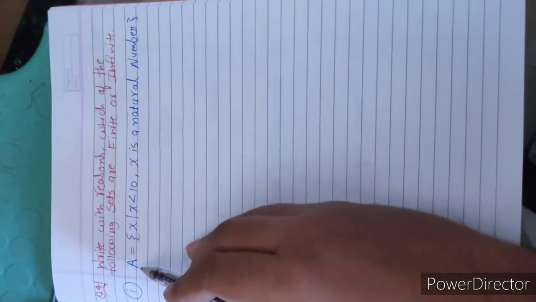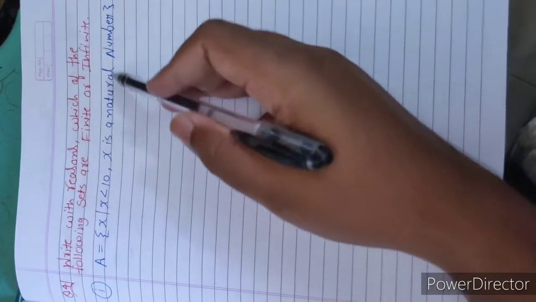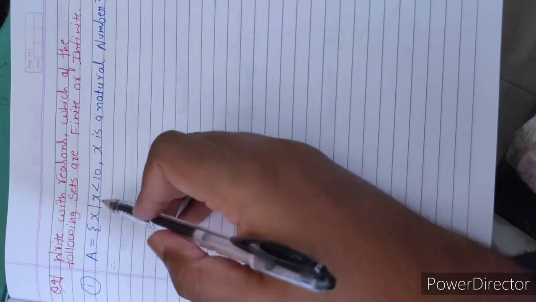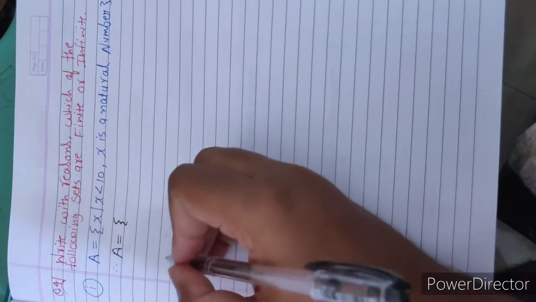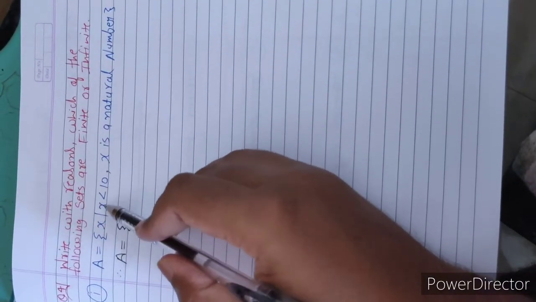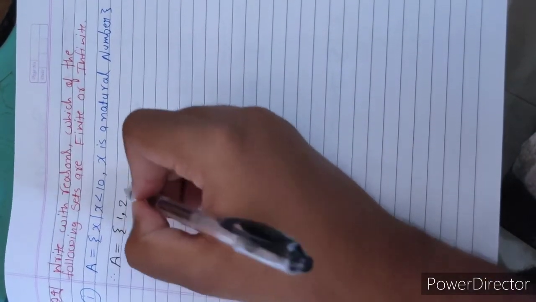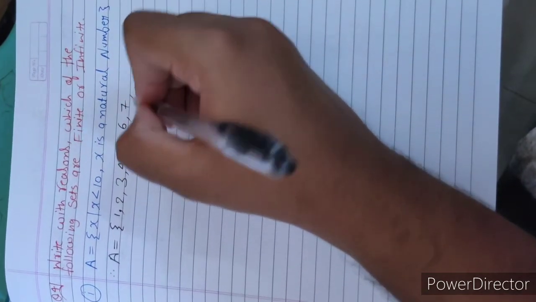The first question is given here. A is a set of x such that x is less than 10 and x is a natural number. Okay, we know that natural numbers start from 1. So we will write 1, 2, 3, 4, 5, 6, 7, 8.